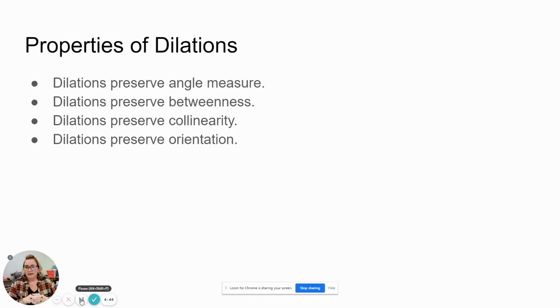Okay, dilations preserve collinearity, which I can't even spell or pronounce right now. Sorry, I'm tired. And that basically just means that the same points lie on the same lines. Like we're not switching. It doesn't go A, B, C, and then all of a sudden it goes A, C, B. Okay. And that dilations preserve orientation. The shape looks the same. The shape has not changed how it looks. Okay. That's all those mean.